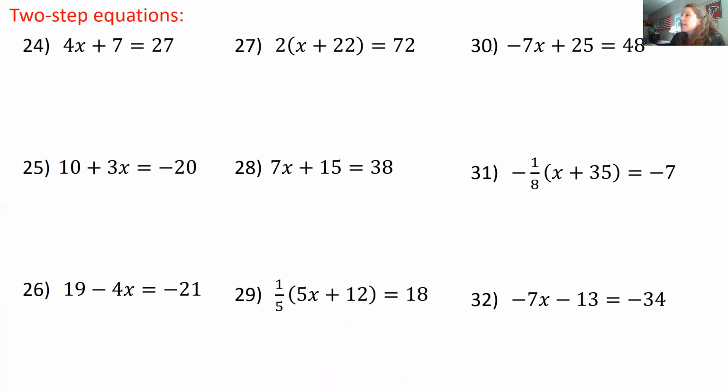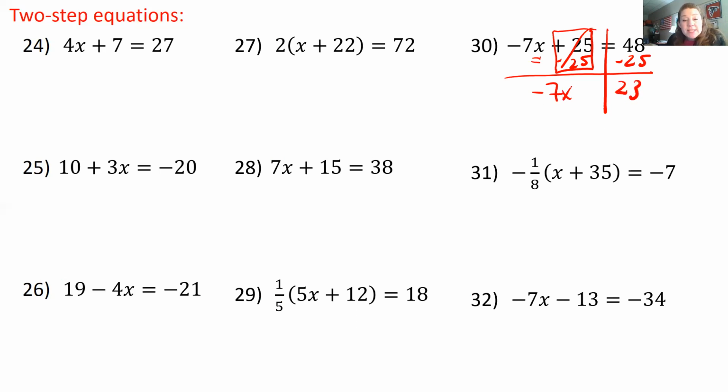All right, number 30, we want x by itself. So what we're going to get rid of first, we're going to do the opposite of plus 25, which is minus 25. So we bring down this whole term, negative 7x. This goes away. So 48 minus 25 is 23. 23 again, we did that earlier.